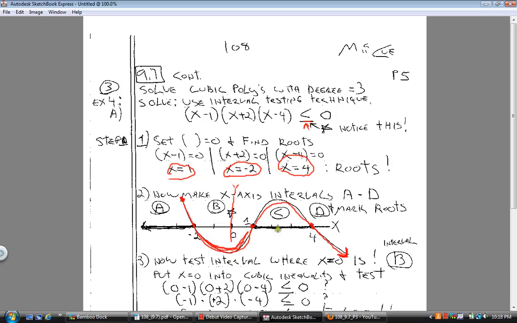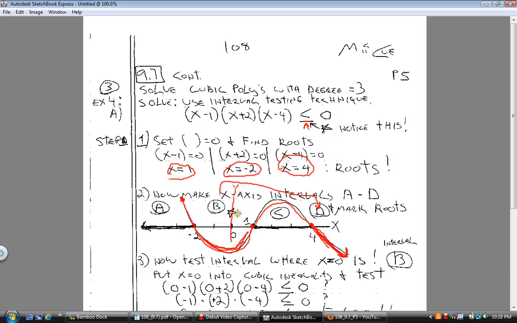And section D also is below, in the valley. So the intervals B and D are going to be pairs.